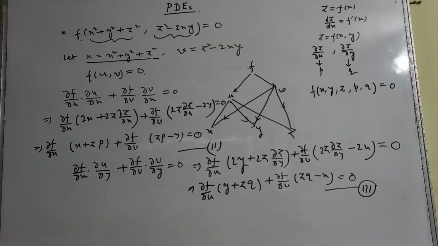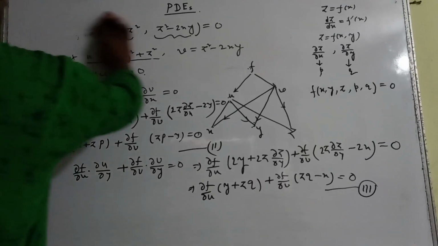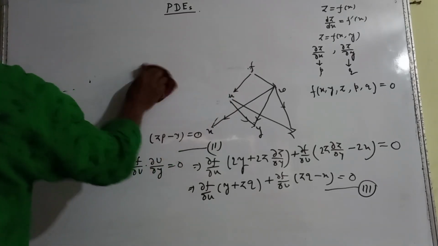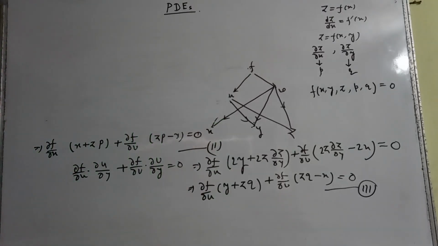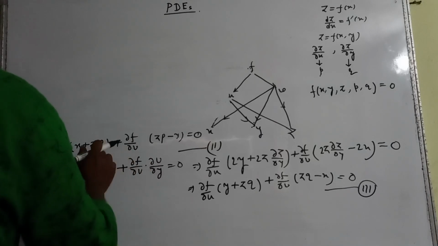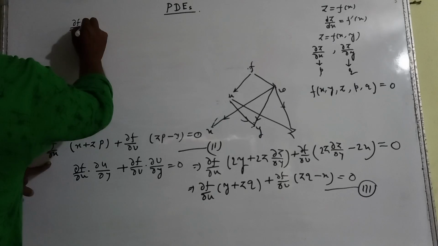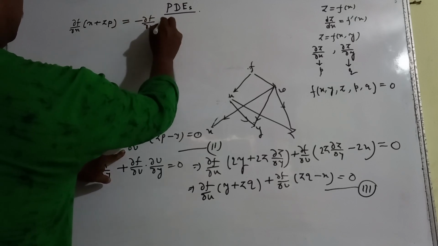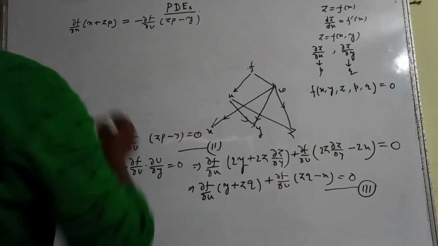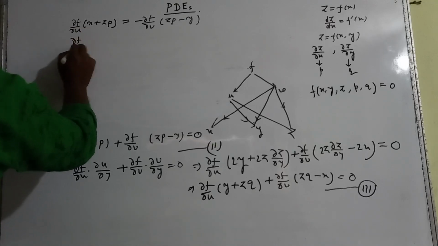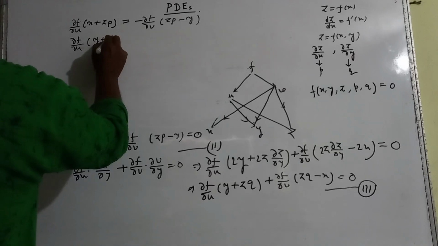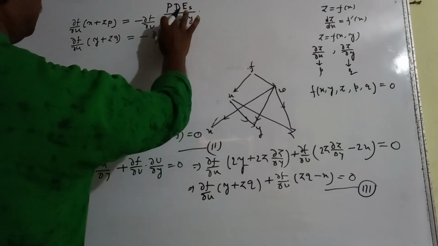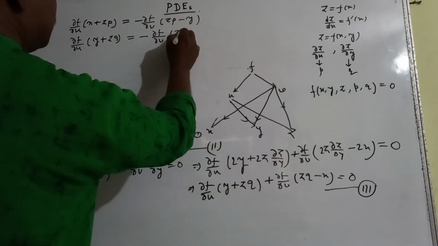So del f del u, x plus z p, equal to minus del f del v, z p minus y, and del f del u, y plus z q, equal to minus del f del v, z q minus x.